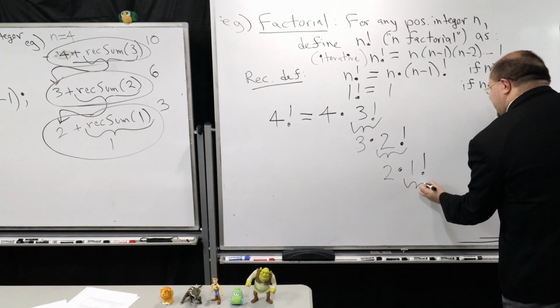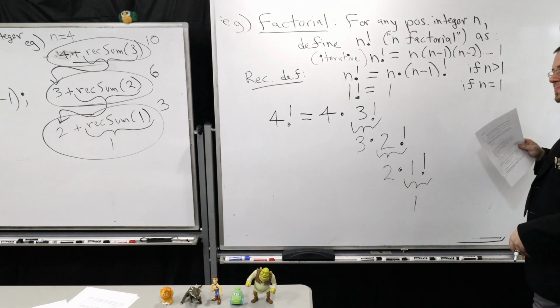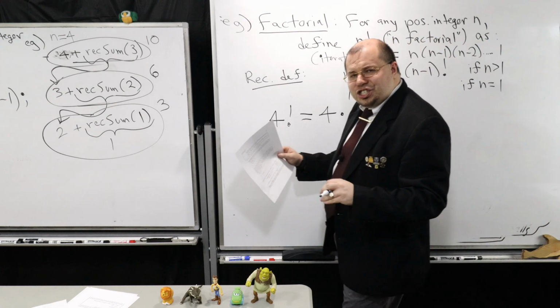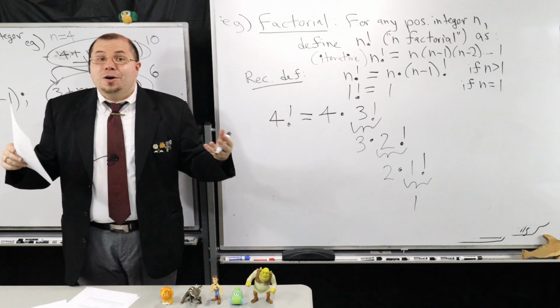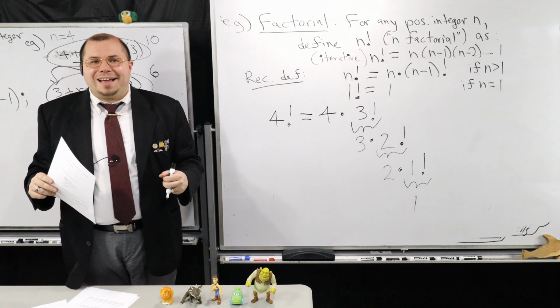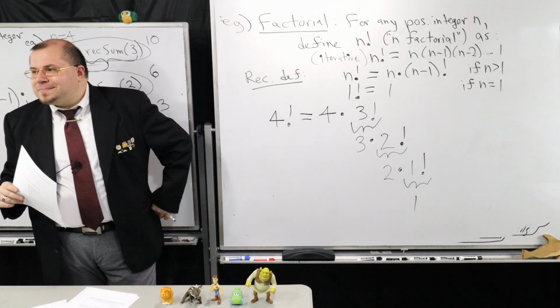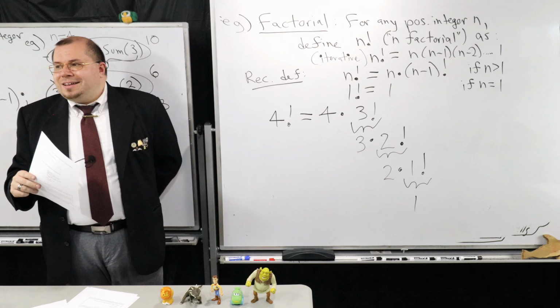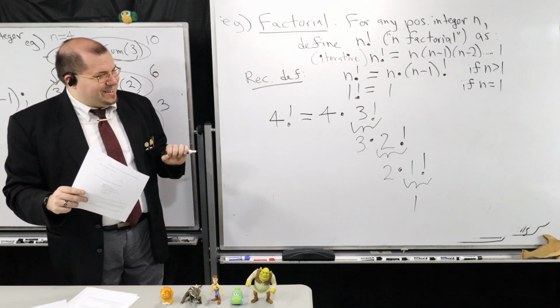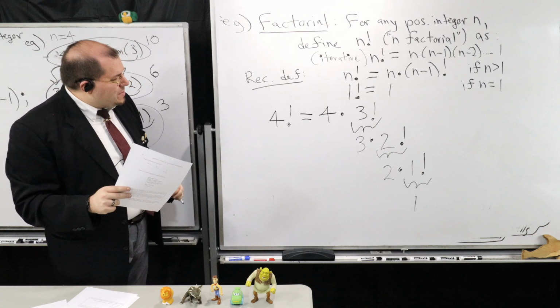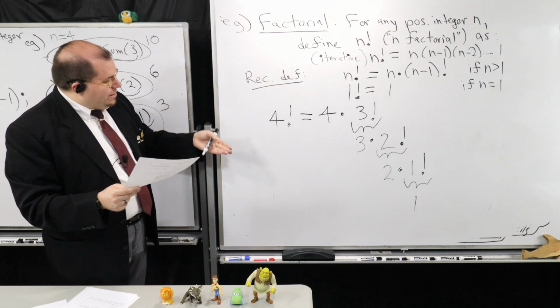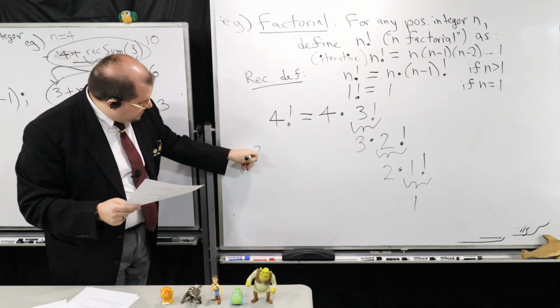But what's 1 factorial? It's just 1, right? Do you see it's just like the example I did a moment ago, except now instead of summing, we're multiplying. Does everybody see that? It's subtle but interesting. If you calculate this out, it should be 24, I believe.